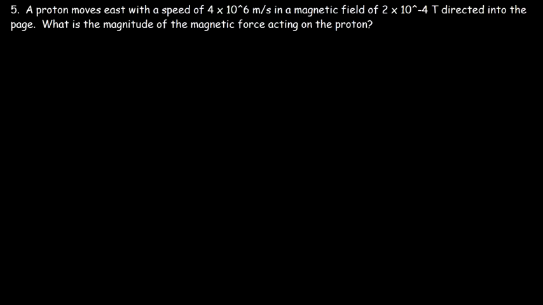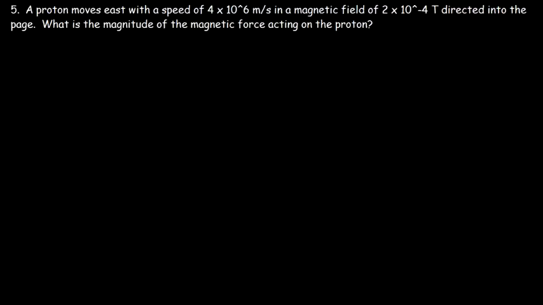Number 5. A proton moves east with a speed of 4 times 10 to the 6 meters per second in a magnetic field of 2 times 10 to the minus 4 Teslas directed into the page. What is the magnitude of the magnetic force acting on a proton? So if we need to find the magnitude, we don't have to worry about the direction.